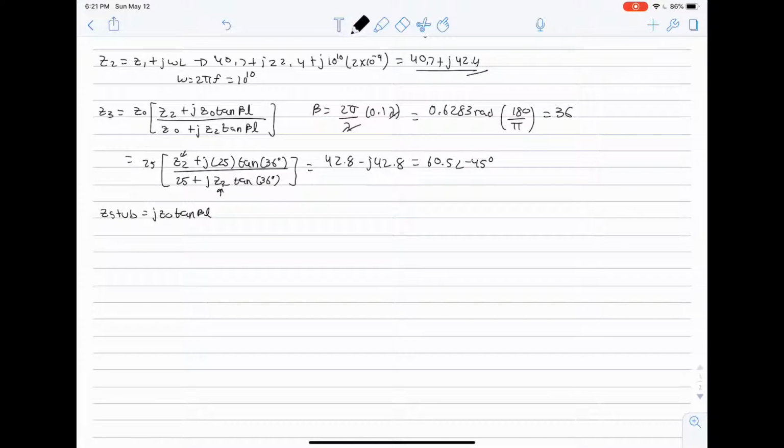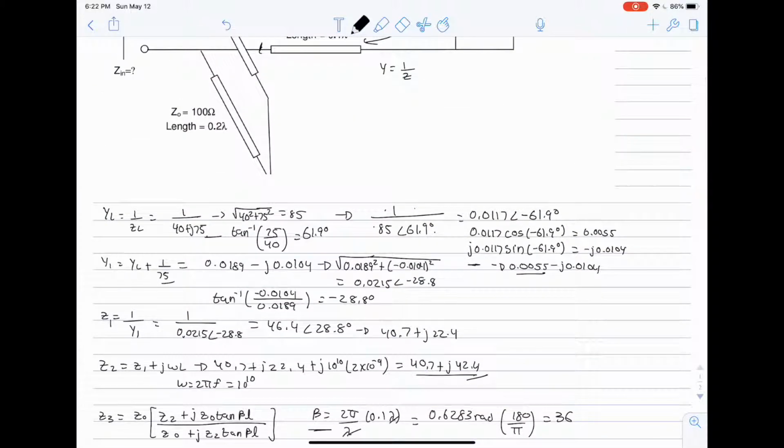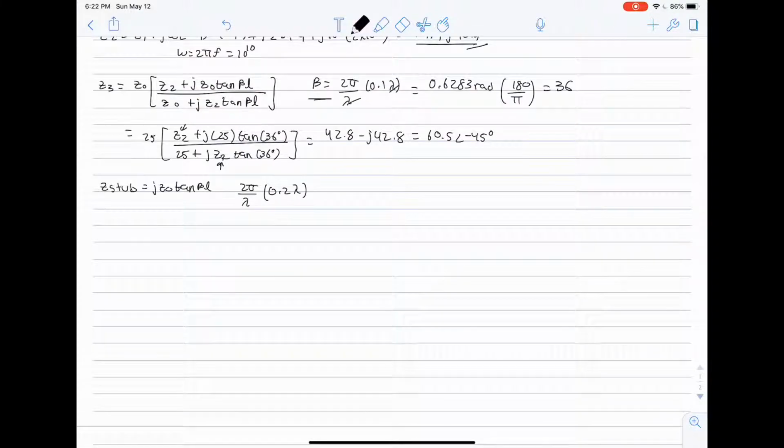Using the same formula we used over here to calculate βL, it's going to be 2π over lambda. In this case it's 0.2 lambda, because that's what we're given here. It's going to give us 72 degrees.